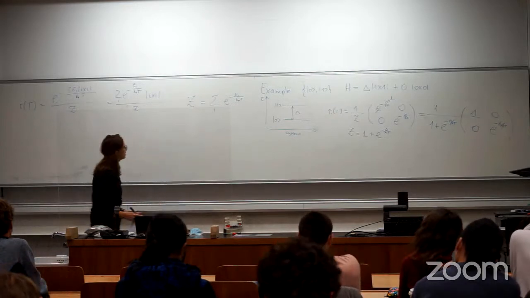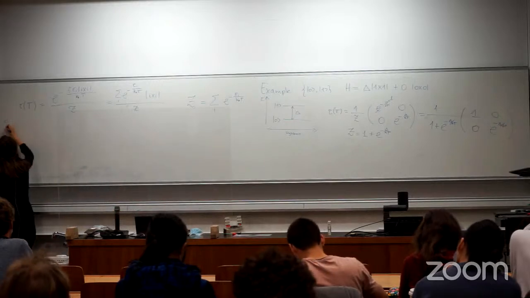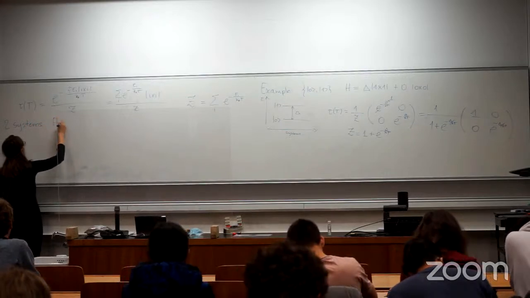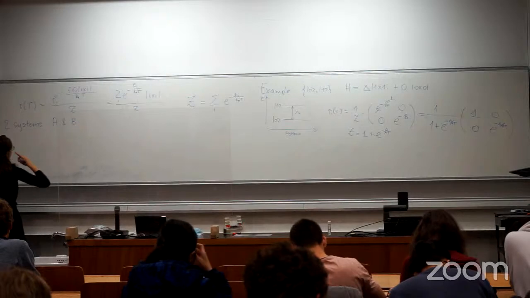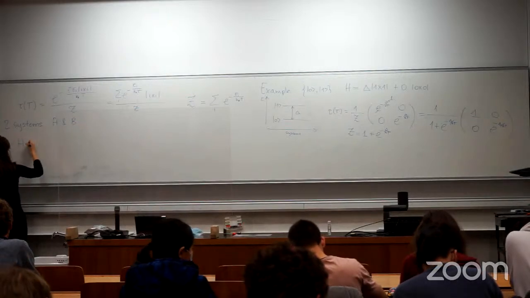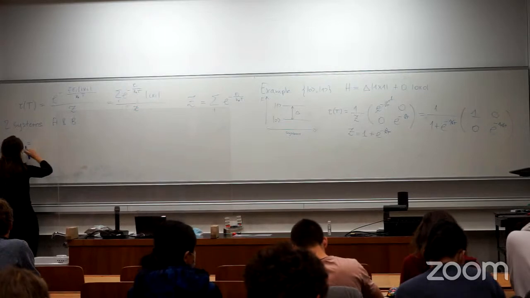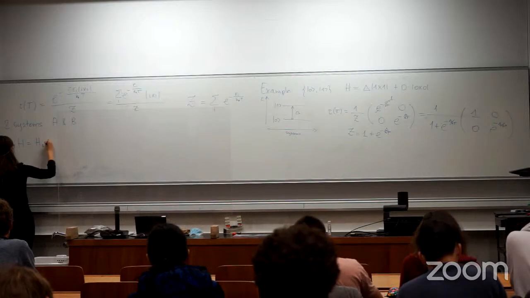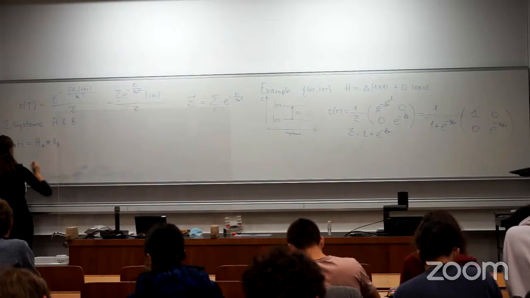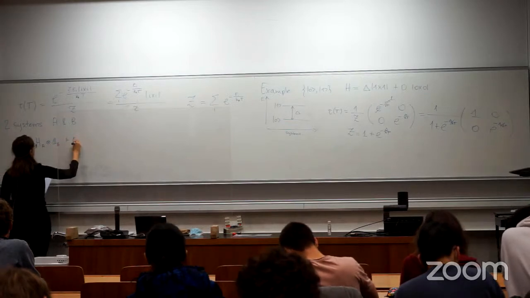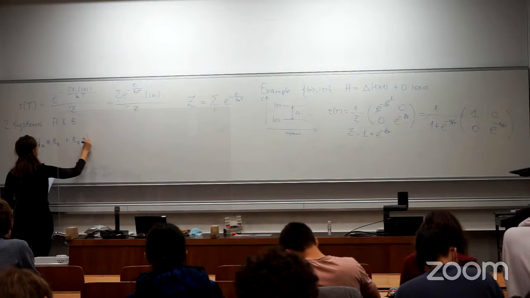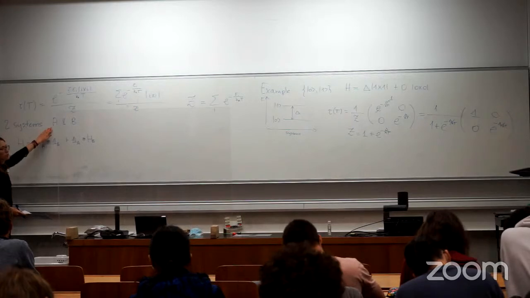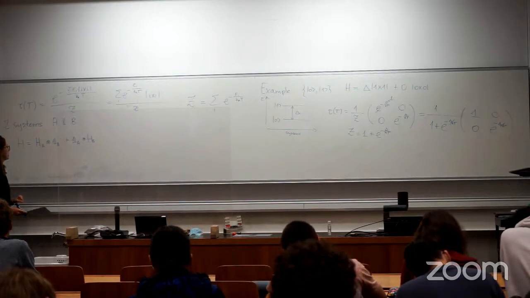So let's call them A and B. Non-interacting, by this I mean that their joint Hamiltonian can be written as HA tensor product identity on B plus identity on A tensor product HB. So each of the systems has an individual Hamiltonian HA and HB, and there is no interacting term between them.